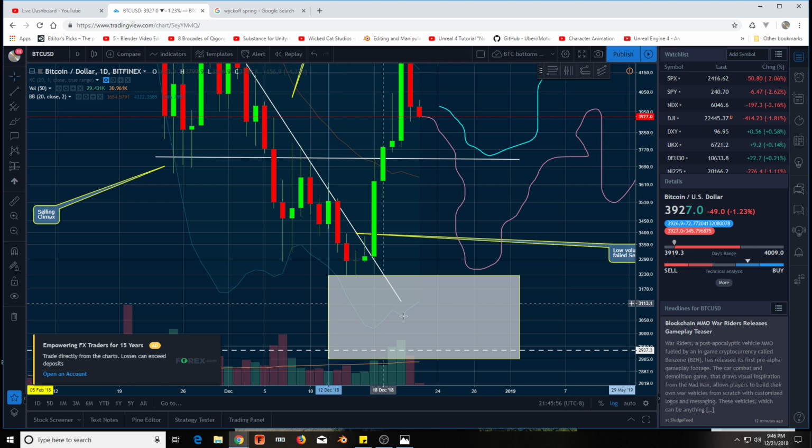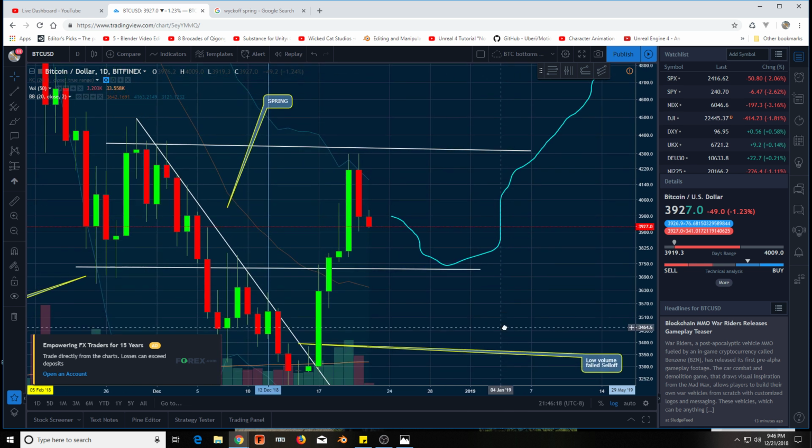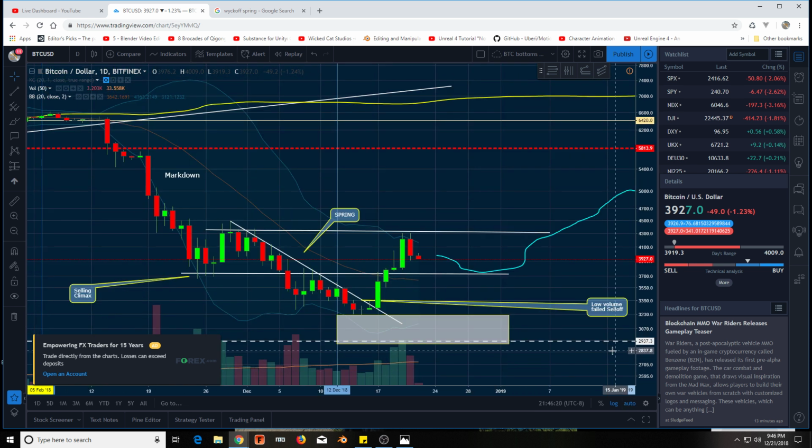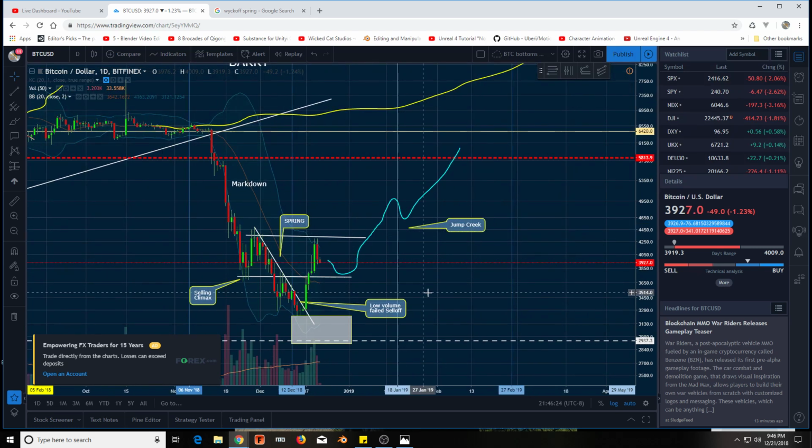And this pattern here hit my box, and this was really cool. I had a coincidence of remote viewing information with the chart, and it bounced exactly off of that. It went into it a little bit, and that was enough for me. So what I'm looking at, let me put this back on auto, is I think we're at the bottom.